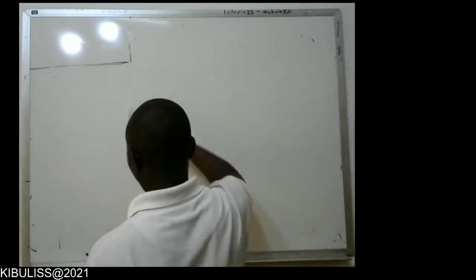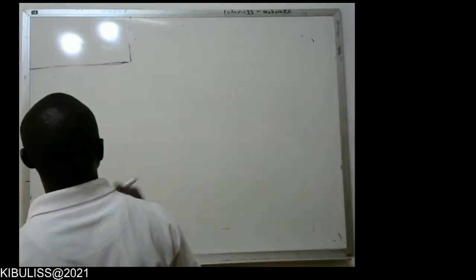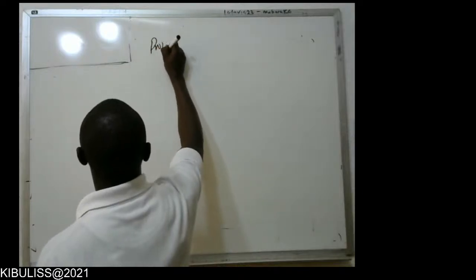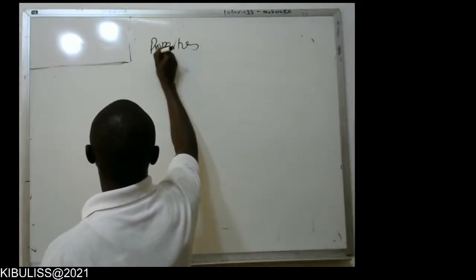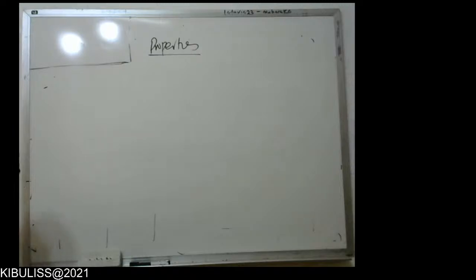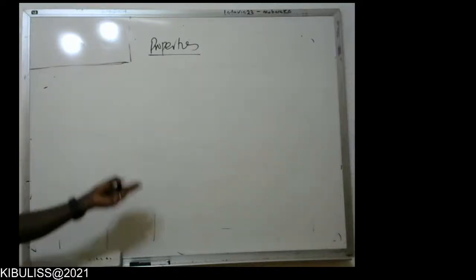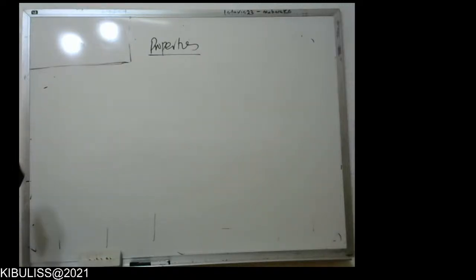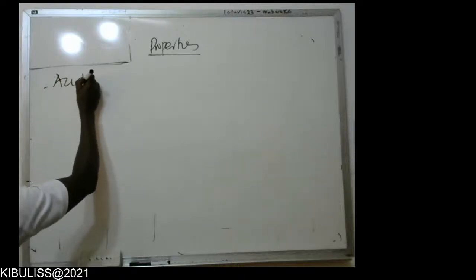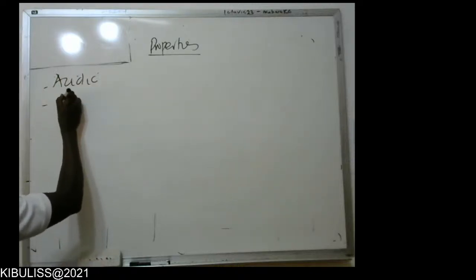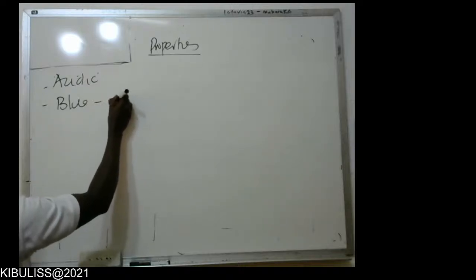Right. So properties of hydrogen chloride gas. Number one, there are things you already know. This gas is acidic, and because it's acidic, it turns blue litmus to red.